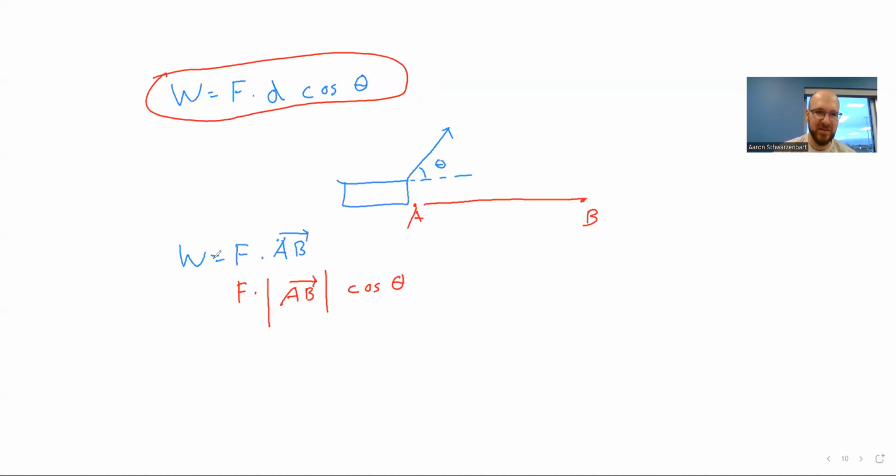So find the work done by a 10-pound force acting in the direction of 1, 2, moving an object 3 feet. So these are my points A and B. It's moving it horizontally 3 feet. So this here is a magnitude, okay?